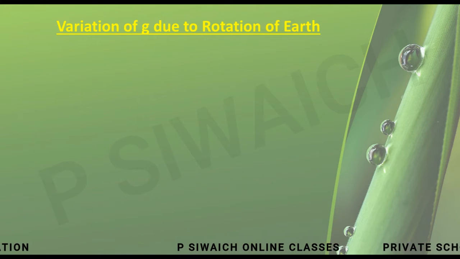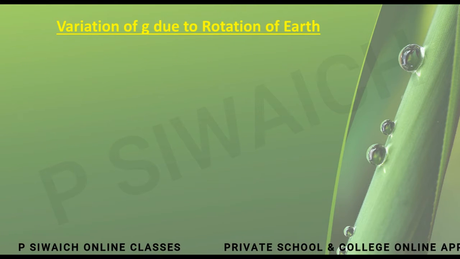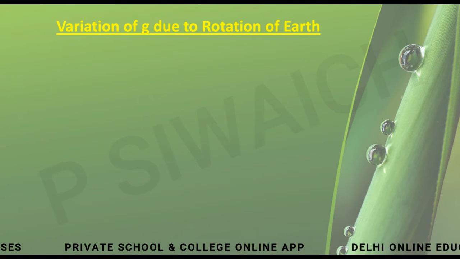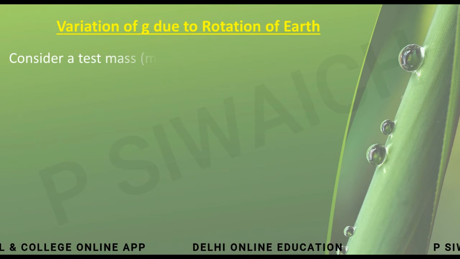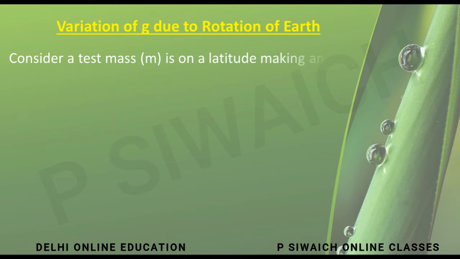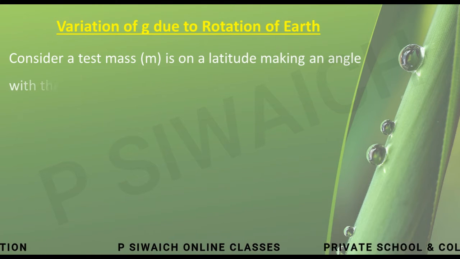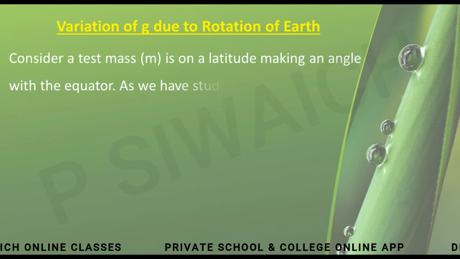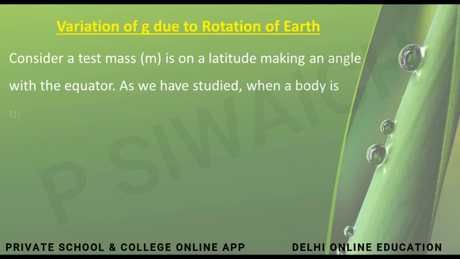Variation of g due to rotation of the earth. Consider a test mass m at a latitude making an angle θ with the equator.